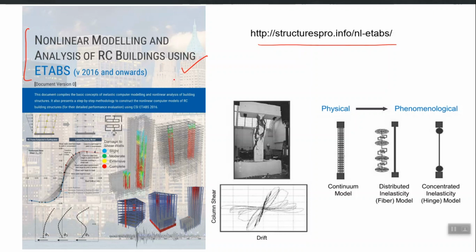In the last lecture we discussed that there can be several types of nonlinear models. So what is a nonlinear model? A computer model which is damage aware, which has the capability to capture any inelastic action we put that capability in it, right?